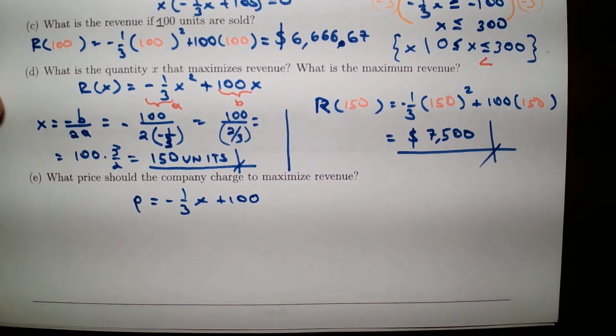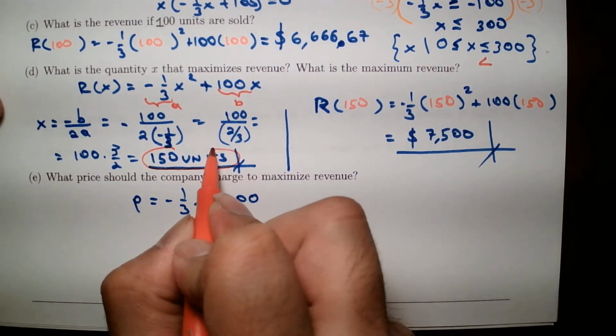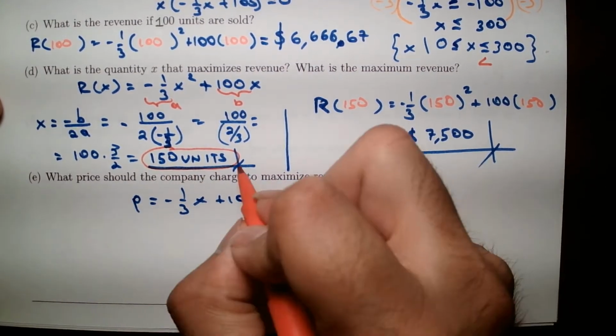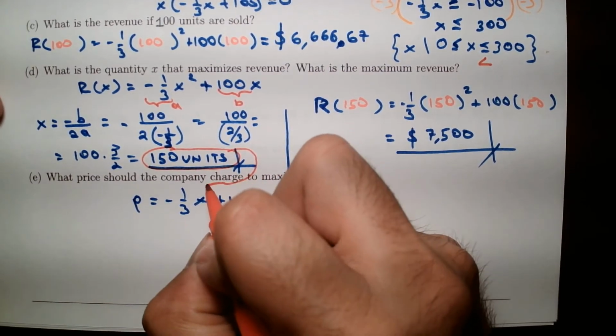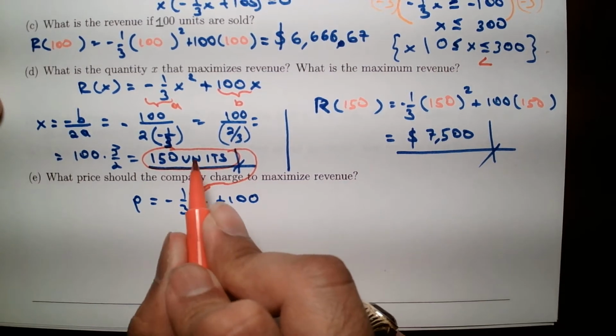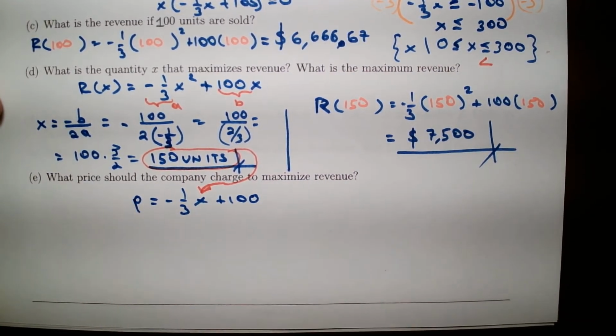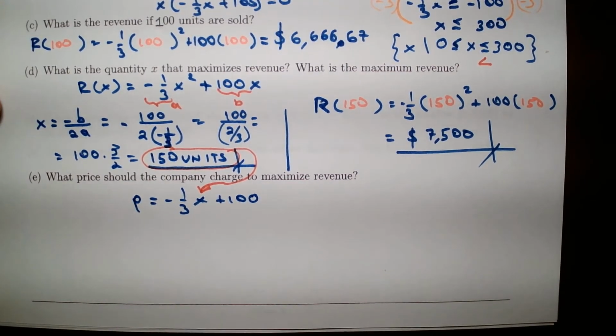So what are we going to do? In this case, since this is the price that maximizes the revenue, that's the number x, actually, not the price, that's x, the number of units that we need to sell in order to find out what that ideal price will be.